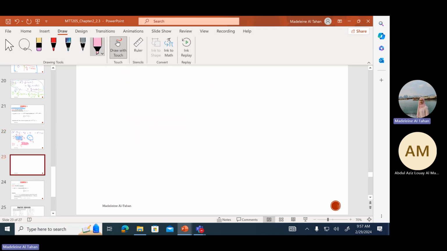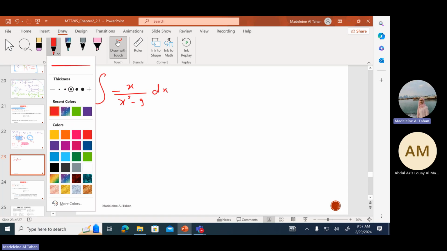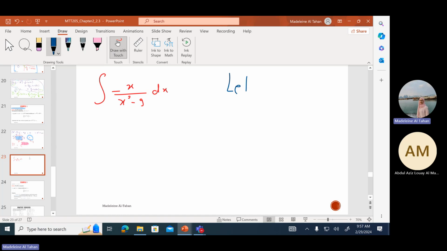So how do we find it? Let's find this integral of negative x over x squared minus 9 dx. By substitution, let u equal x squared minus 9. What's u prime? 2x. And what's du? 2x dx, right?